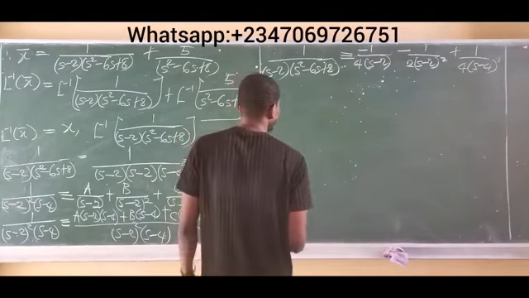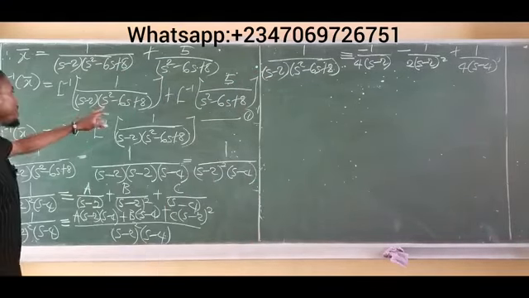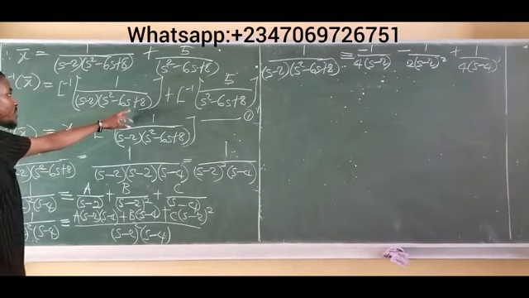Let's now find the Laplace inverse. So remember, what we are looking for is the Laplace inverse of 1 over (x minus 2) times (x squared minus 6x plus 8).